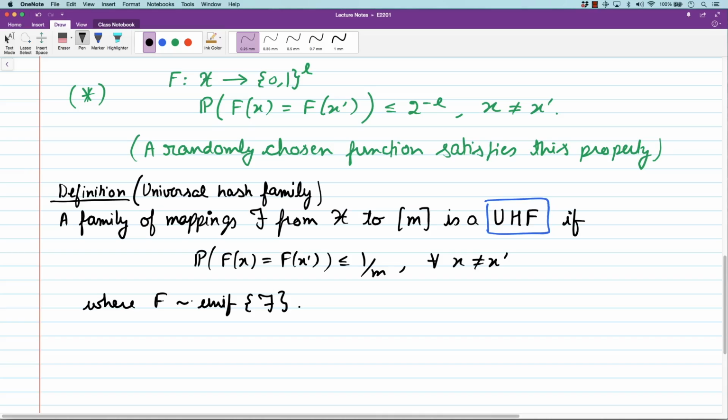So choose a random function of the family, and this probability is over f. We have already seen one example of such a family: F equals the set of all mappings f from x to m.